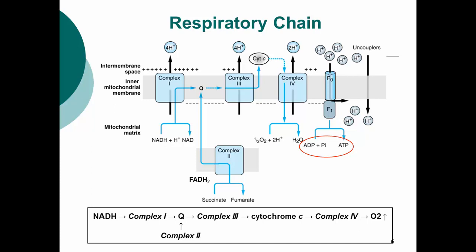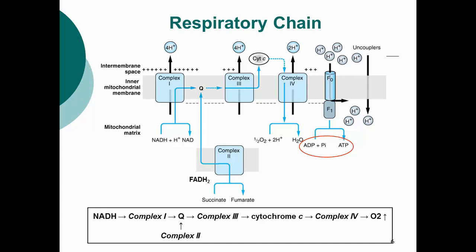So the ATP synthase also works with protons, but in the opposite direction, right? From outside the mitochondrial matrix to inside the mitochondrial matrix. Through this direction, that energy can be transferred to ADP to form ATP, right?